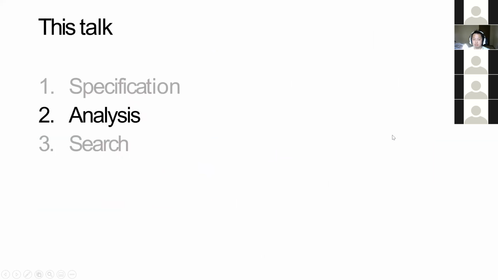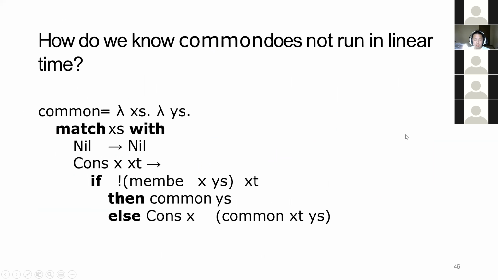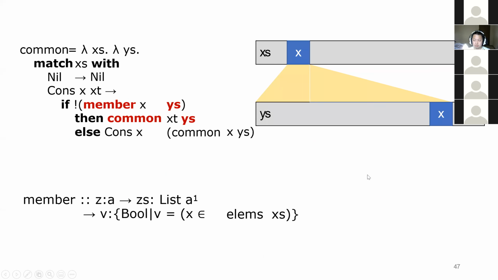So these kinds of annotations are the same kinds of things that Jan Hoffmann has used for resource analysis of programs, and his system is able to do amortized complexity. Yes, yeah.